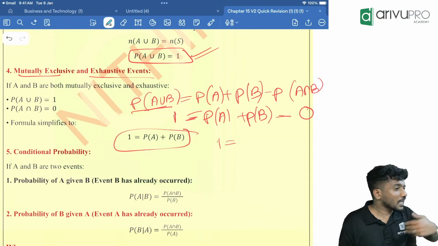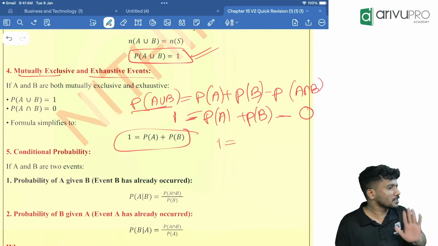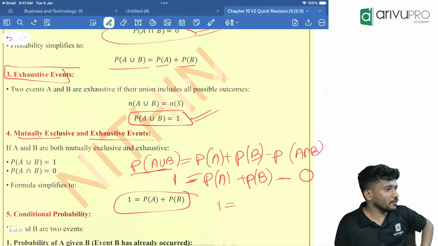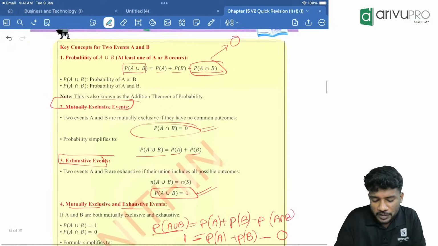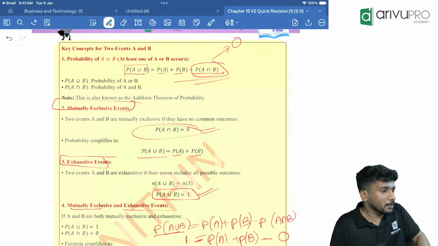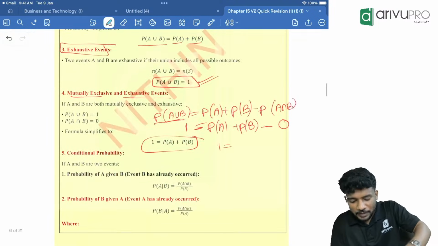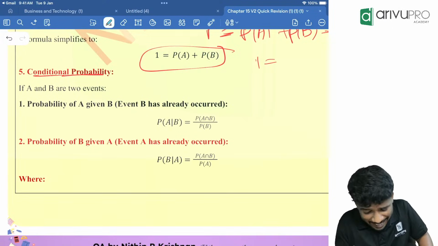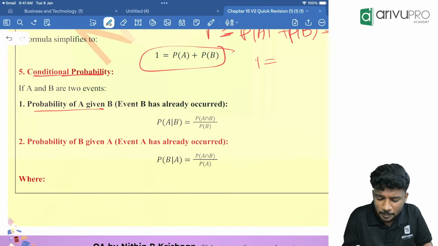So we are not mugging up the formula if you ask me. We are just remembering it with our chapter 7. Okay, with respect to that we are learning. But we will not use this formula directly for word problems. That also I am telling you right away. Now people, conditional probability. P of A given B. Probability of A given B is what?